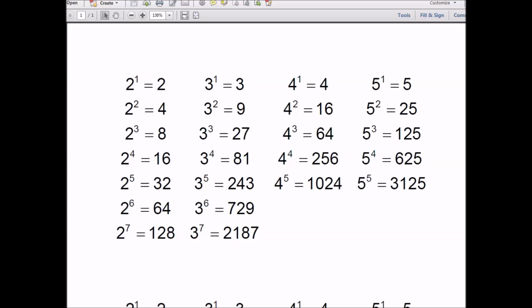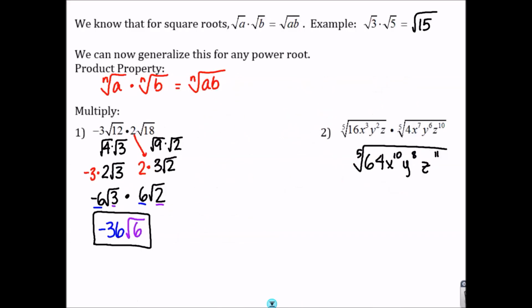So that's what I'm going to use to help simplify this fifth root. So the fifth root of 64 can be split up into the fifth root of 32 times the fifth root of 2, which gives me 2 fifth root of 2. So I'm going to space this out so I have plenty of room to write my variables in there as well.